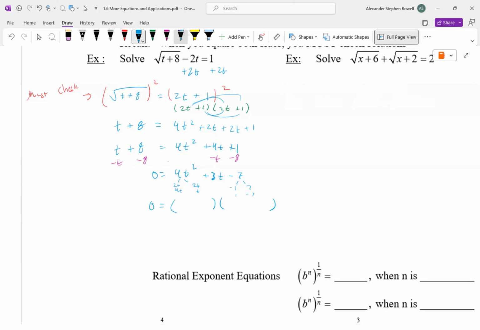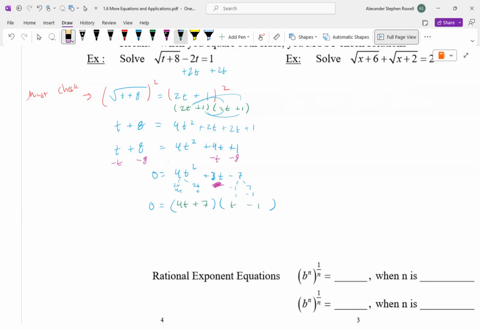All right, what do you want to try? 4t and t? 2t and 2t. 4t and t. I want to get a 7 and a -4. If this is my guess, my check would be 7t minus 4t adds to make 3t like we wanted. Okay.